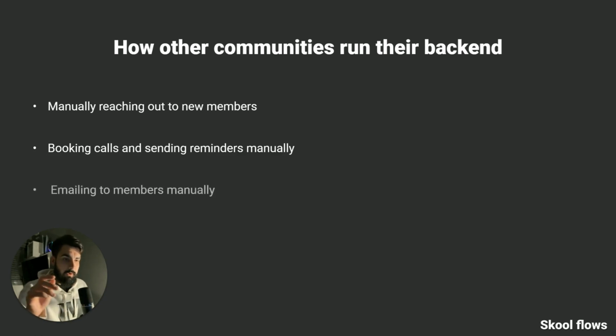Okay, next point is emailing members manually. We talked about it in DMs, right? When you notice some members are not active in Skool for some time, you might have the urge to take their email address from the form they filled and just send them a personal email.